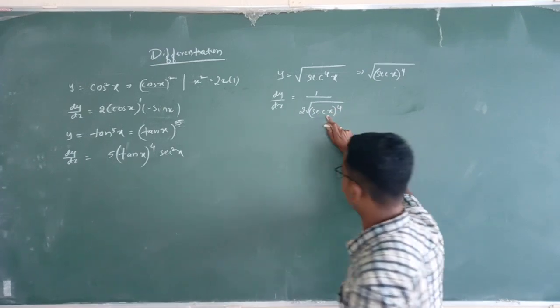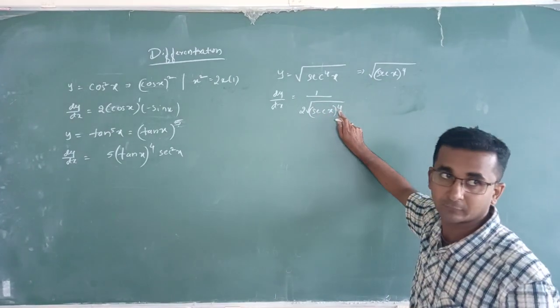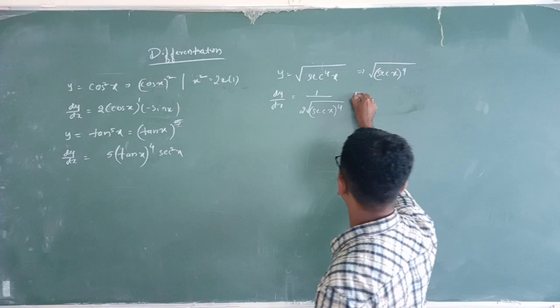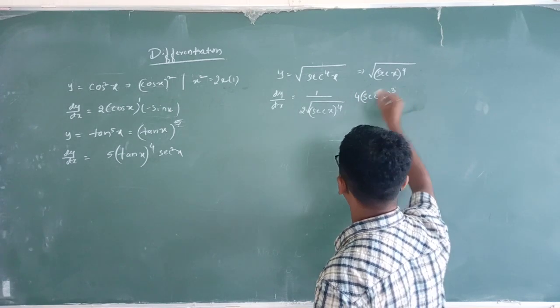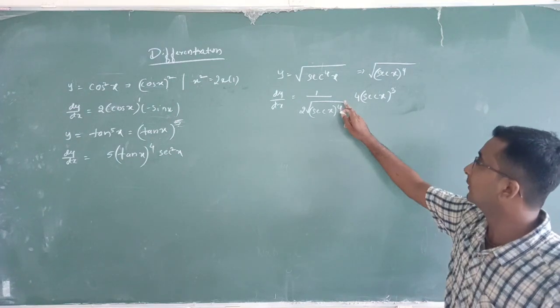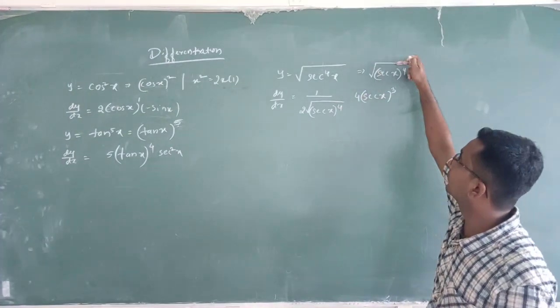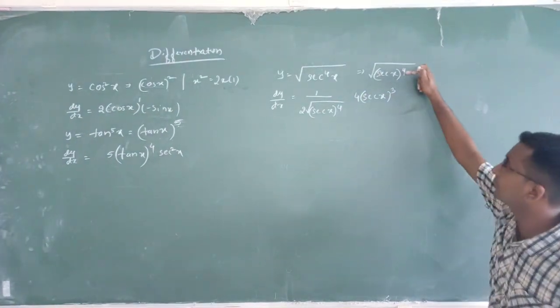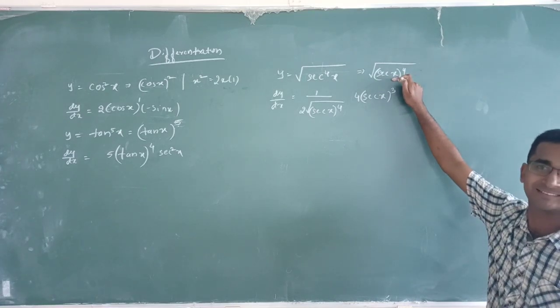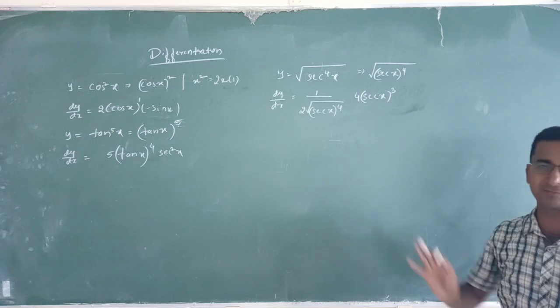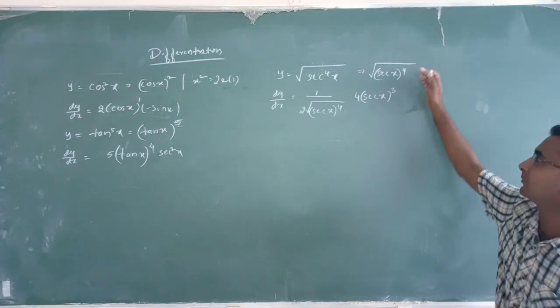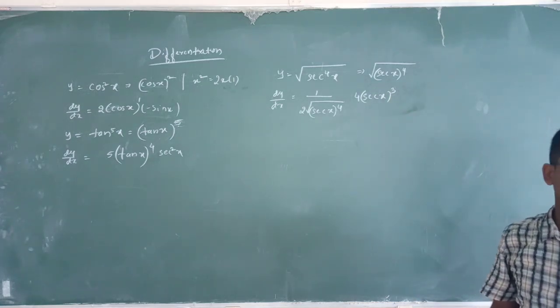But x is in the form of x raised to 4. X raised to 4 differentiation is 4 sec x whole raised to cube. First the outer side root is done, then 4, then sec x. Getting? From outer side to inner side, that's all. There is no big thinking in this. From outer to inner side is done.